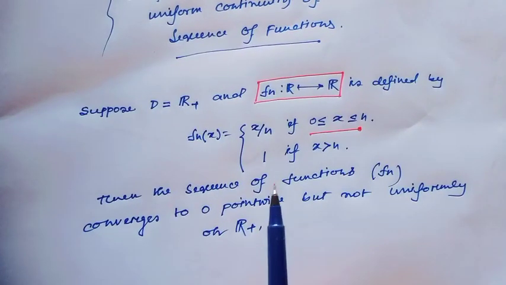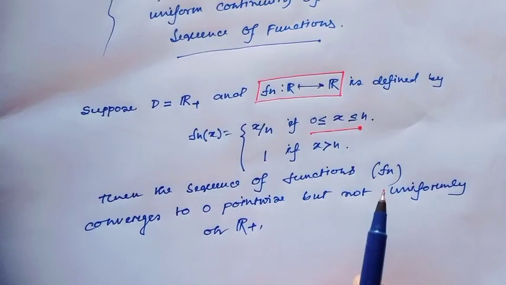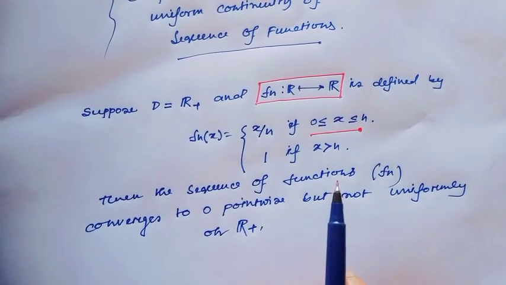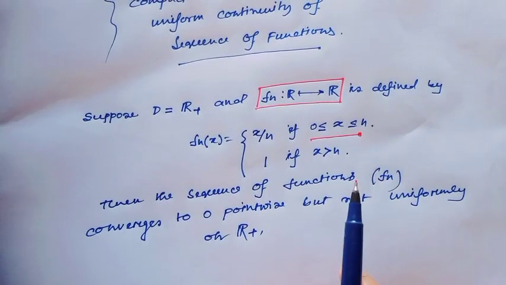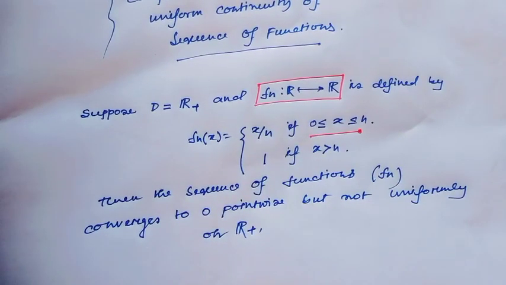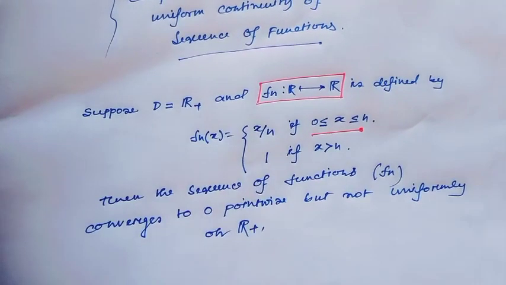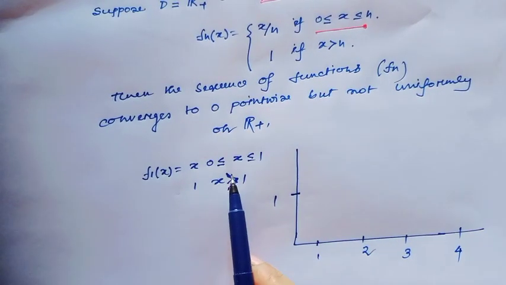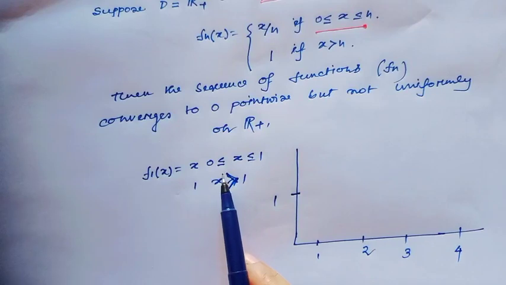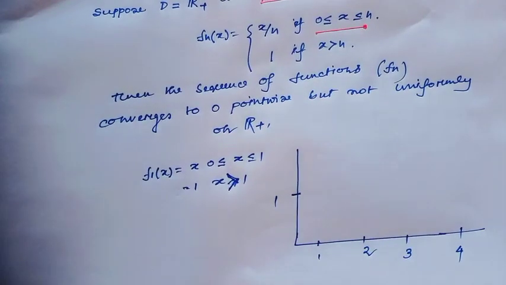At first, try to draw this sequence of functions yourself, then you will understand it properly. Let's see the graph of this sequence of functions. Here the picture is very interesting. f_1(x) equals x when x lies in the open interval 0 to 1, and 1 when x is strictly greater than 1.